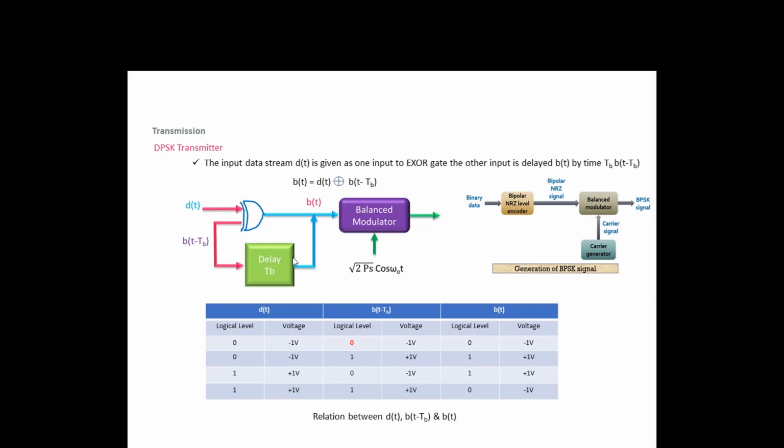Then we can simply explain by this diagram also. d(t) will go to an XOR gate. The delayed input will go to a delay unit. The combination of d(t) and b(t minus TB) is said to be b(t).